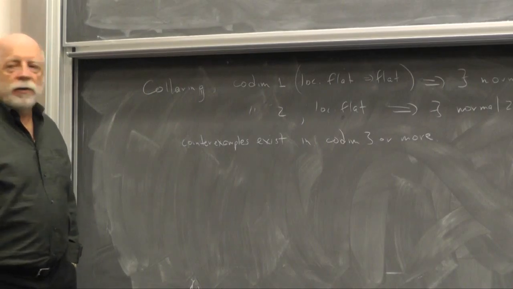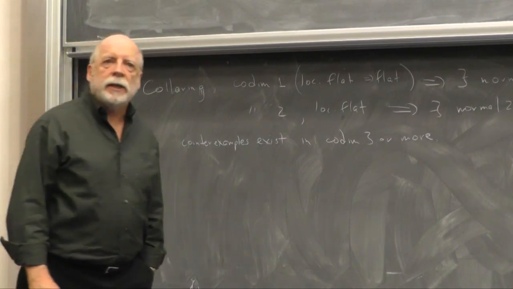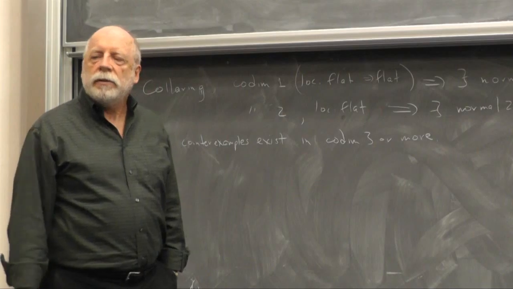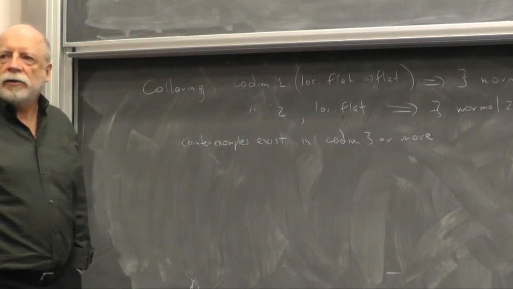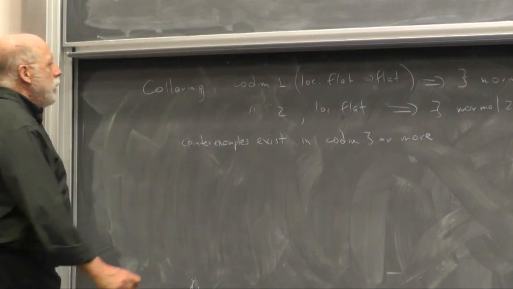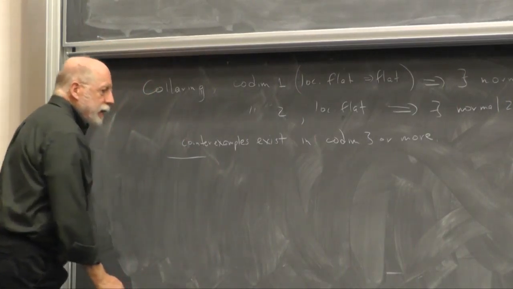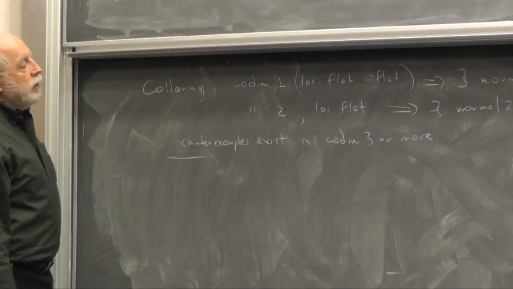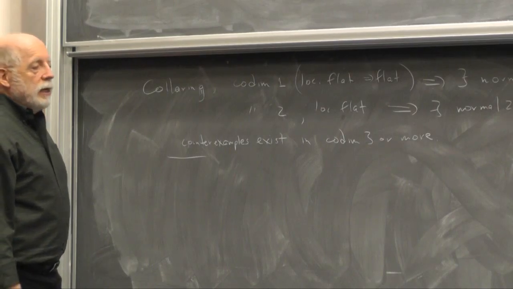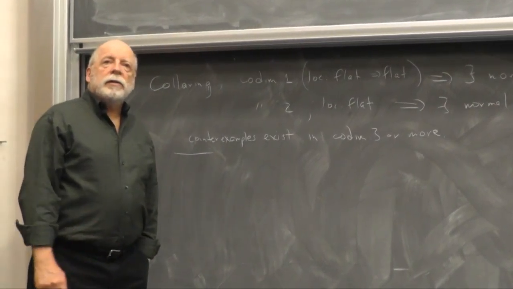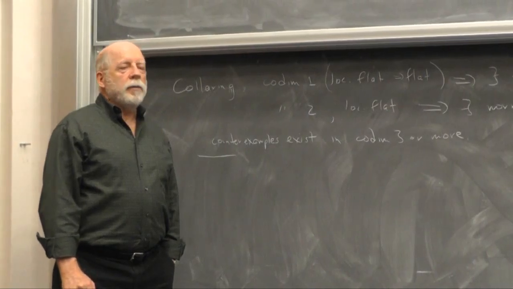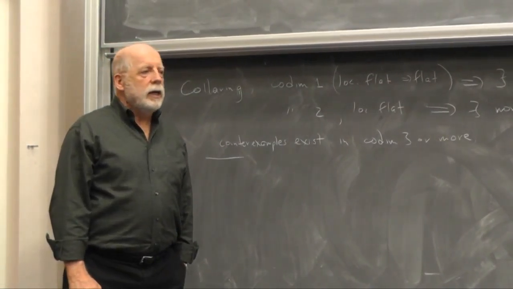But I don't have a reference for you at this time. I think Brown, Sanderson, early, late 60s. So you don't always have these normal bundles. So that's sort of a defect. There are other things you can use. In the PL case there are block bundles, and in the topological case there are topological block bundles.